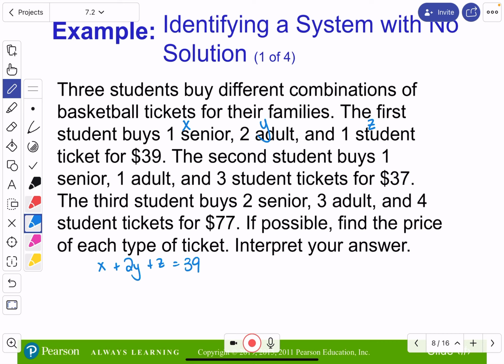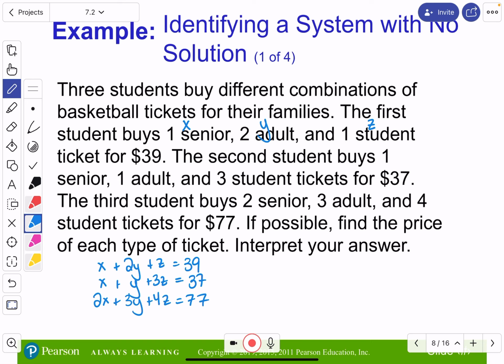The second student buys 1 senior, 1 adult, 3 student tickets, for $37. The third student buys 2 senior, 3 adults, and 4 students for $77. If possible, find the answers.